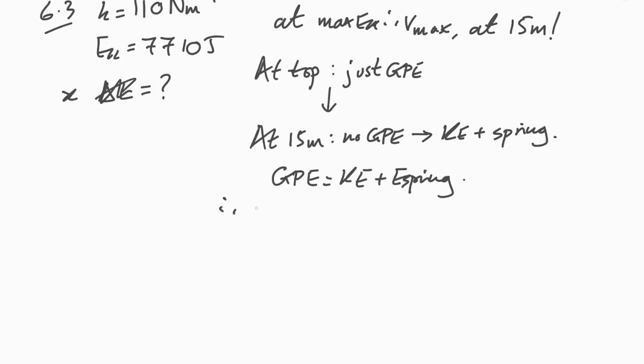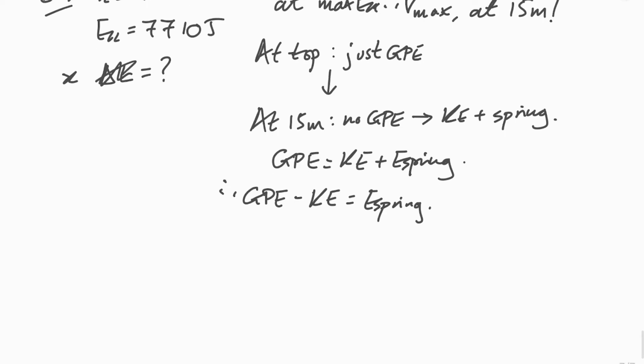Or GPE minus KE is equal to the energy in the spring. That's what we're looking for. I've not set it out very well, but the important thing is we had this much total energy to begin with. It's being shared between KE and spring energy by the time we reach 15 meters, and we just want to find the difference.